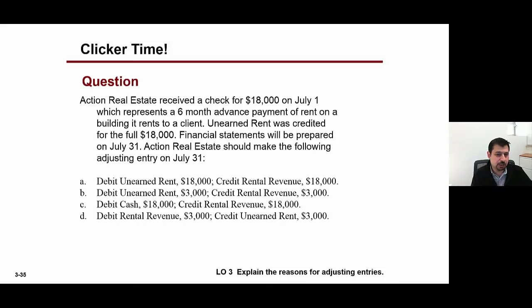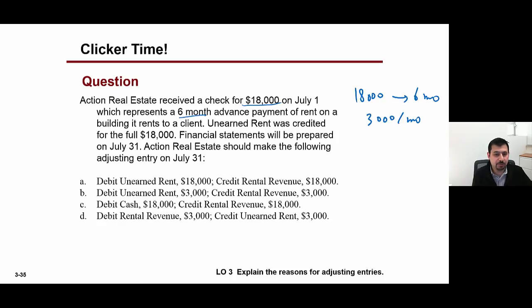How do we approach that? The original amount of unearned revenue was $18,000. This was for 6 months. So how much is it per month? It's $18,000 for 6 months, so it is $3,000 per month.